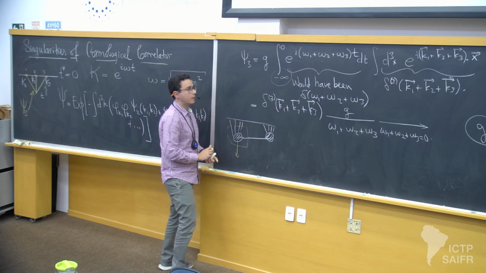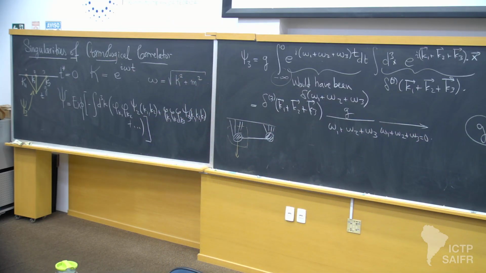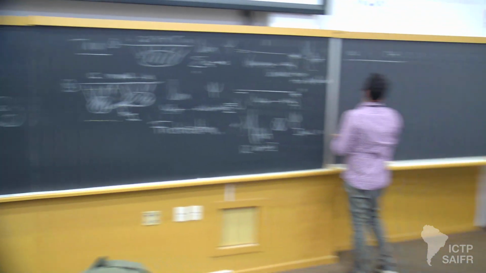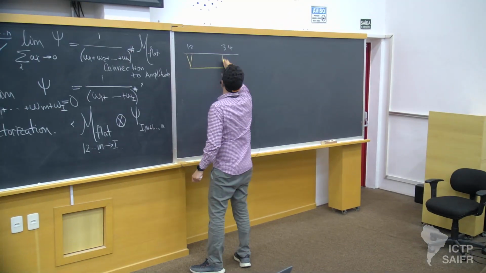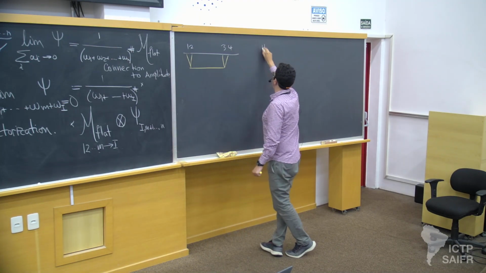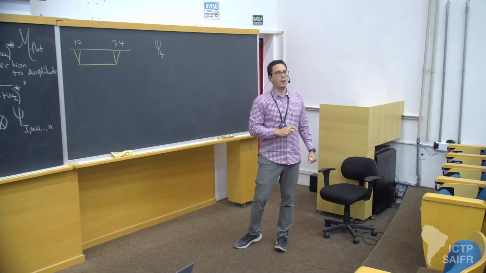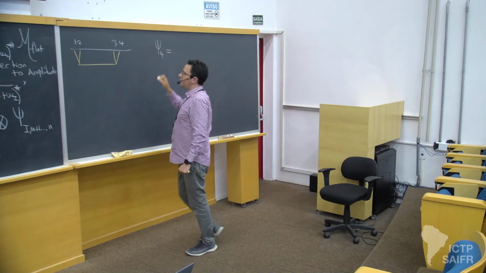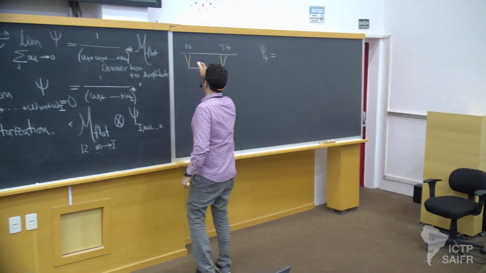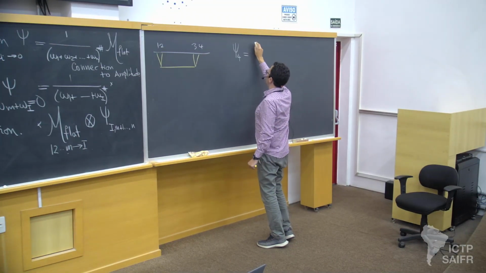Okay? So that's it. So let's see how this works out in the next to simplest example, which is 4 points. I go 1, 2, 3, 4, and I go to the S channel. So I tell you the answer, and then you immediately believe that I'm telling you the truth. The honest way of doing it is, I'm going to write the formula. What's the formula?